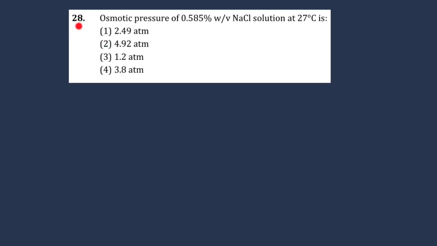Now the osmotic pressure of 0.585% W by V NaCl solution at 27 degrees Celsius is. So how to calculate this one? Osmotic pressure is equal to i into CRT. Then the i value, how much? 2, because NaCl's Van't Hoff factor is 2.